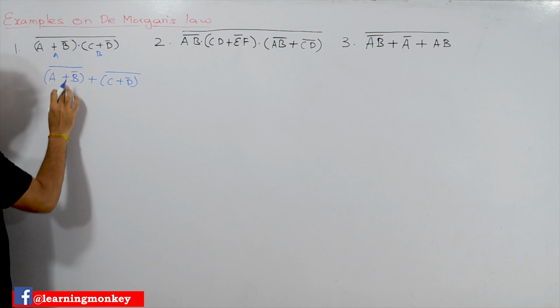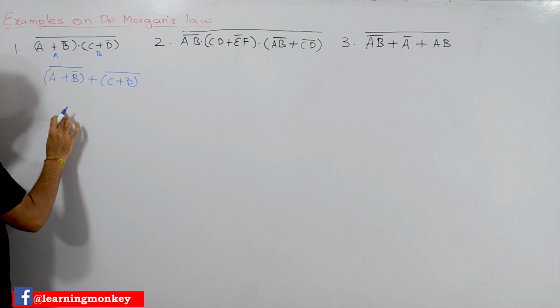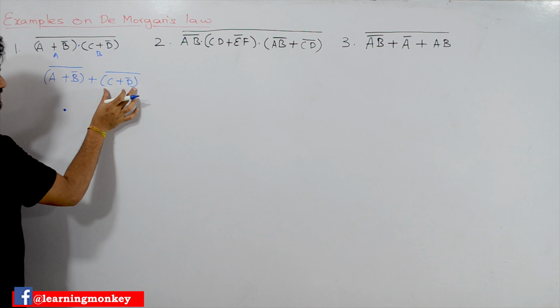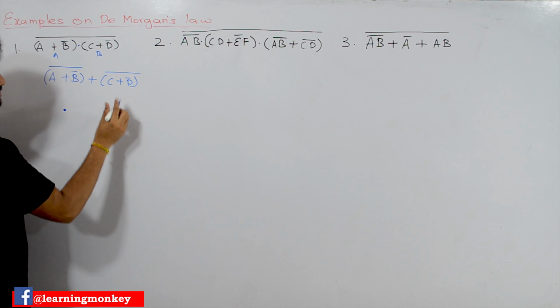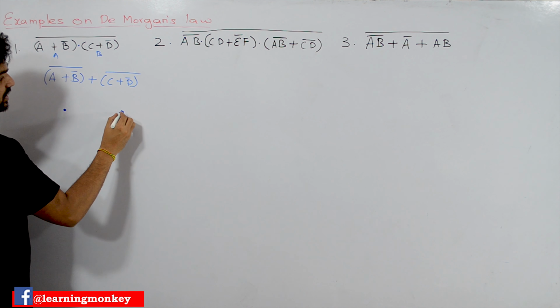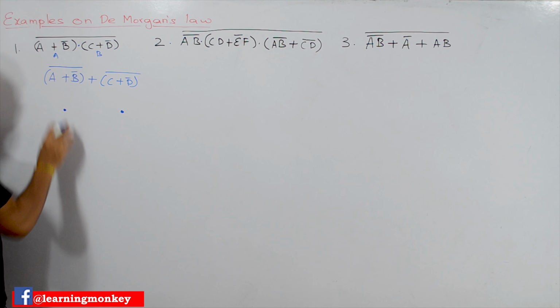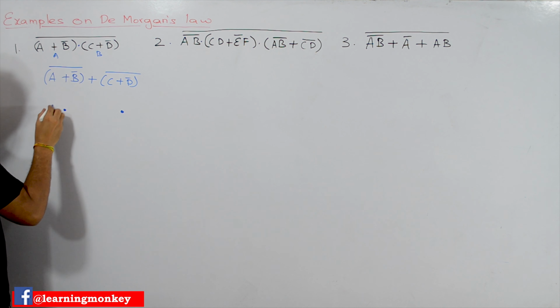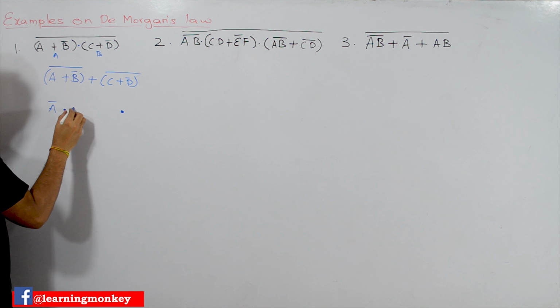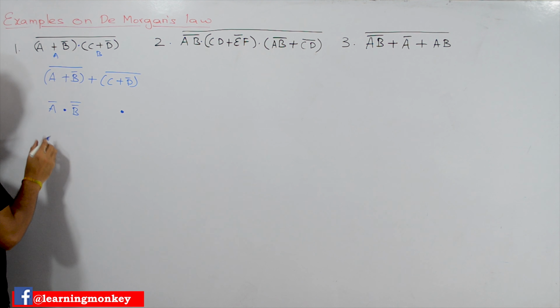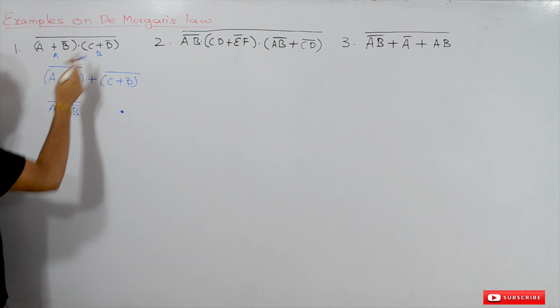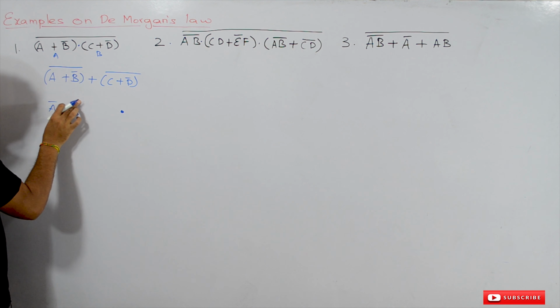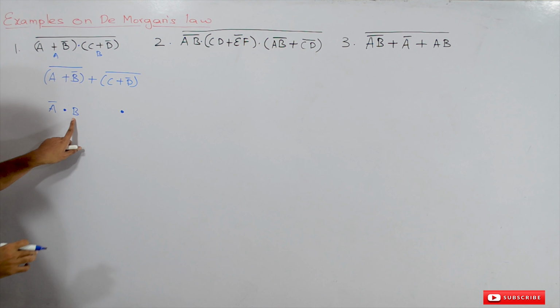Here we have an or, so this gets converted into an and, and similarly here also we apply De Morgan's law, and the or is converted into an and. Then we find the complement of each and every variable. So the complement of each variable gives A bar plus B bar whole bar, and the B bar whole bar gets cancelled and becomes B.